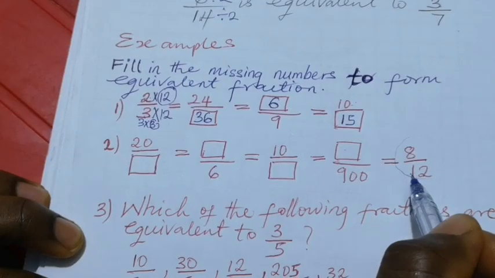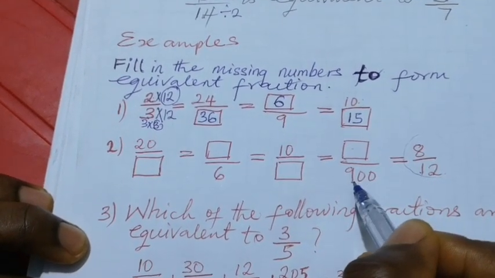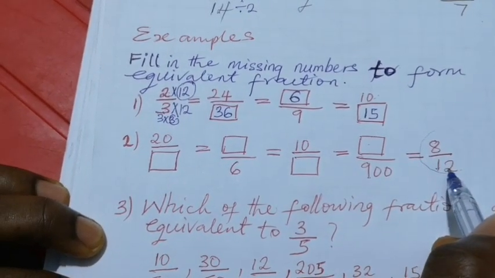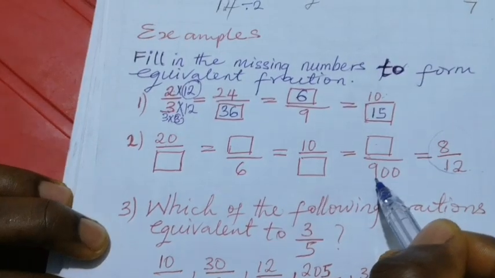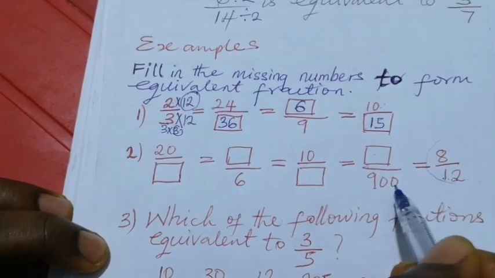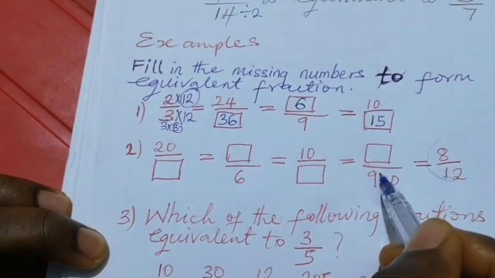Or 12 divided by what will give me 900? In the first place, I cannot divide 12 by any number to give me 900. And also, I cannot multiply 12 by any number to give me 900. So, I will leave this fraction for now.